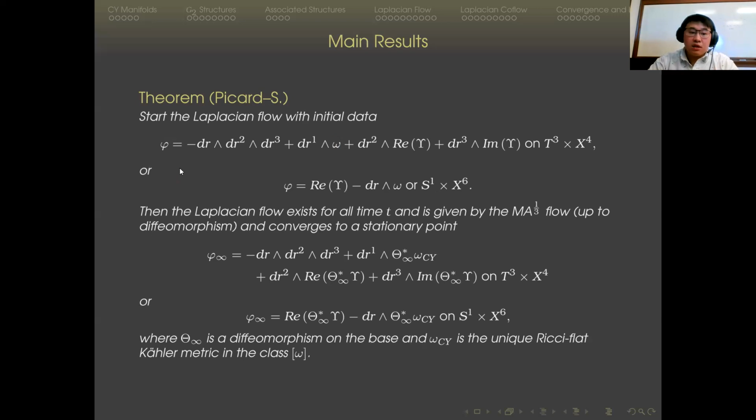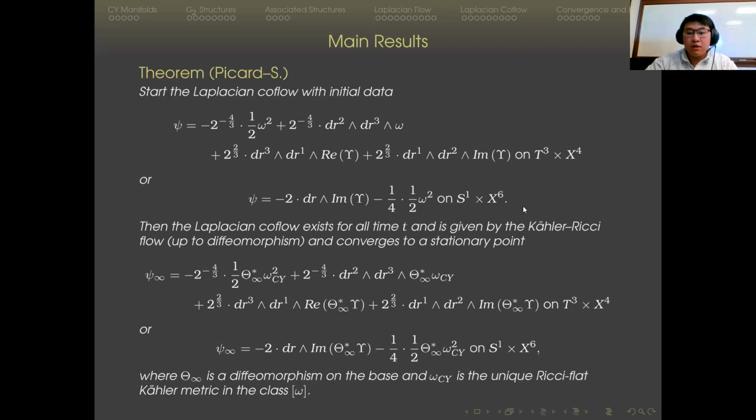Then this entire Laplacian flow exists and is given by some flow on the base, and it converges to some stationary point. We'll get more into the details of all this later, but just to flash the results really quickly. And then we have a similar thing with the coflow, where instead of the flow we had before, we're flowing along the base with the Kähler-Ricci flow up to some diffeomorphism.